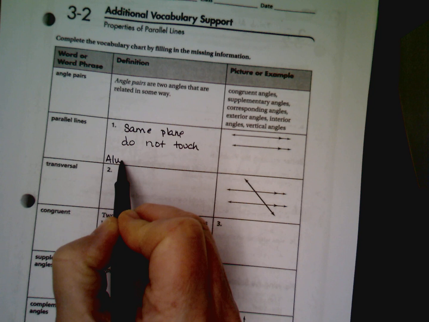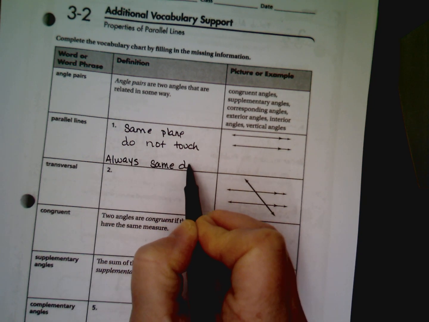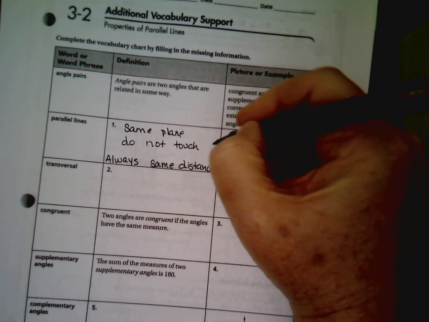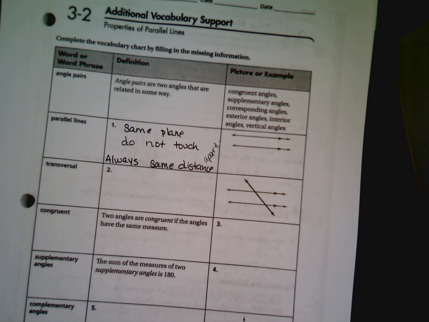They are always the same distance apart, like railroad tracks. The 2 rails that run to create railroad tracks are the same distance apart. What would happen if there was a section where they were further apart or closer together? What would happen to the train? It'd fall off the track. It wouldn't be good. That's why they're the same distance apart all the way through.